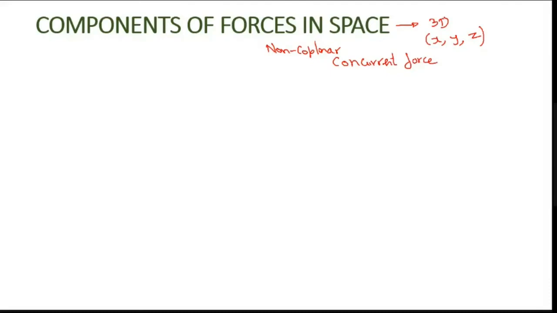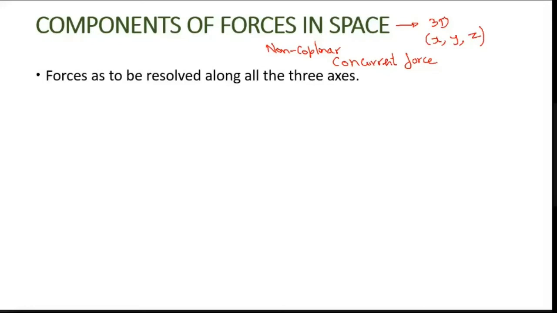So whenever your forces are in three dimensions, in x-axis, y-axis, and also in z-axis, then we use this type of approach. Okay, so we have three axes. The best way to identify this approach is through the vector approach, right?